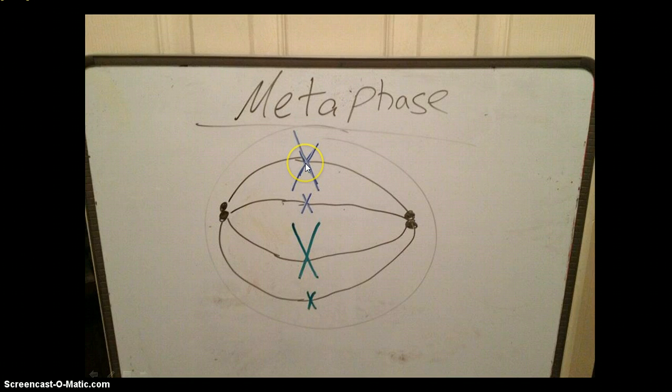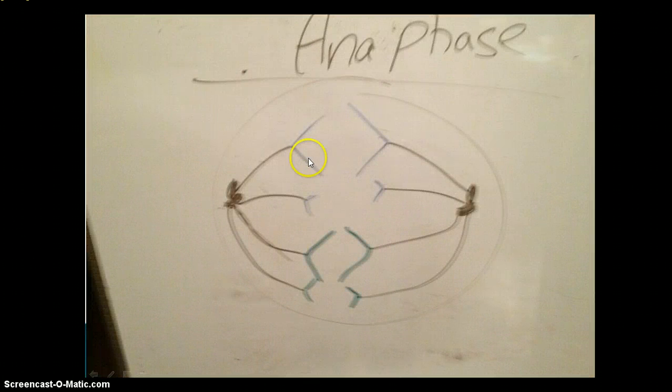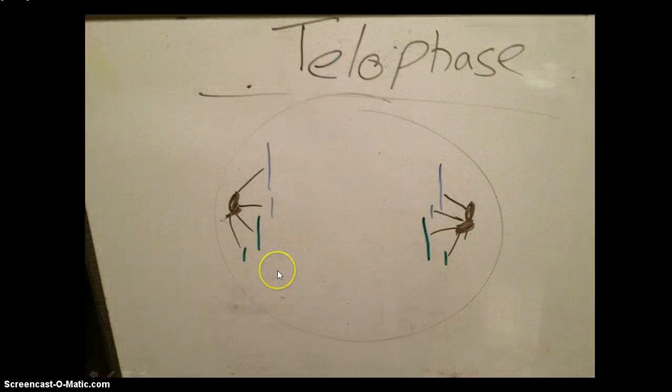So in anaphase, as you can see here, what the one chromosome was is now 2 chromatids that are split apart, and that happened for every single chromosome. And in telophase, you can see they've all reached one side of the cell. So this side has one set, this side has the other. Each are identical at this point.